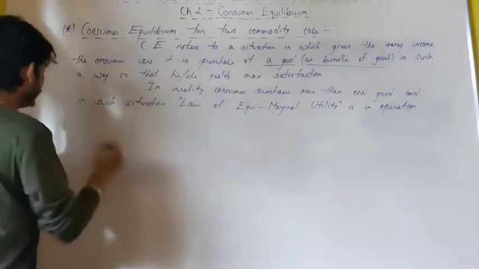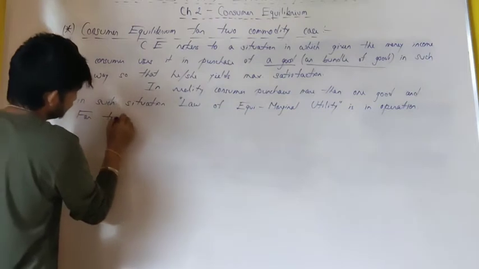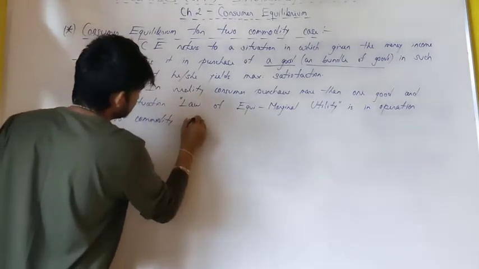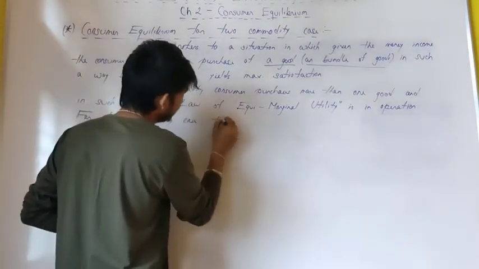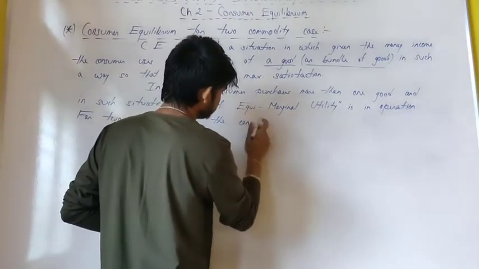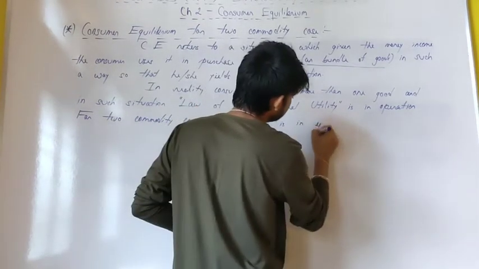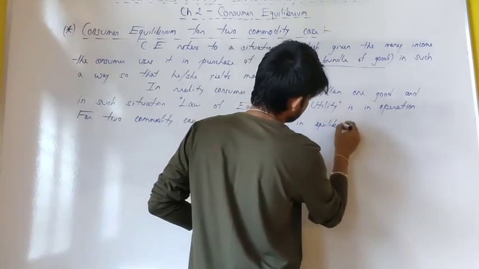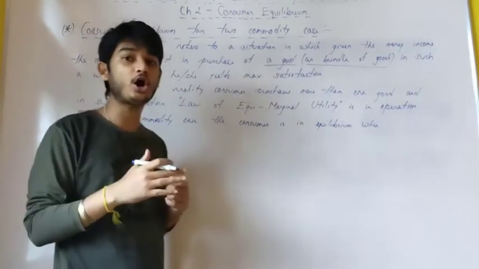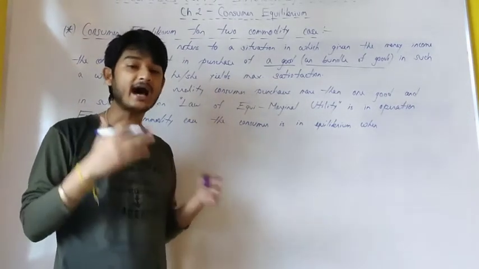Well, for the two commodity case, the consumer is in equilibrium when the ratio of marginal utility to its price of all the commodities are equal.